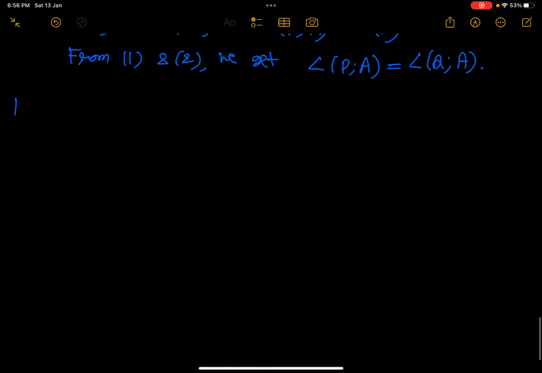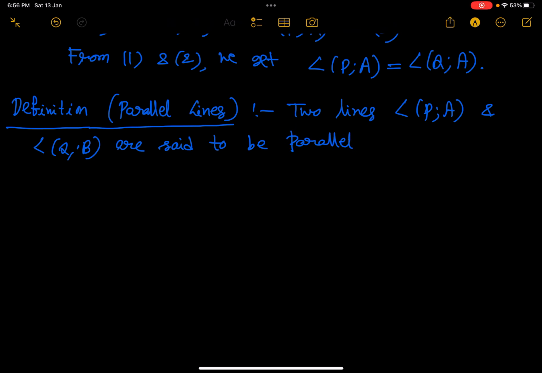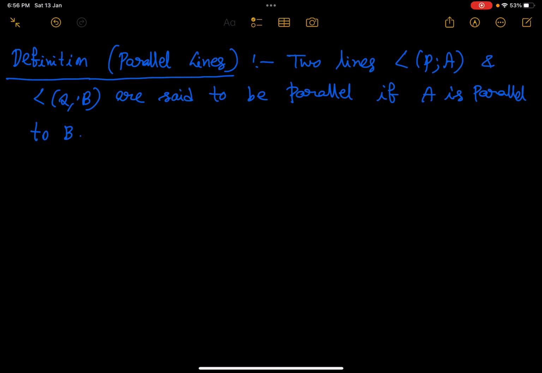Definition of parallel lines: two lines L of P, A and L of Q, B are said to be parallel if A is parallel to B. So this is the definition of two parallel lines.